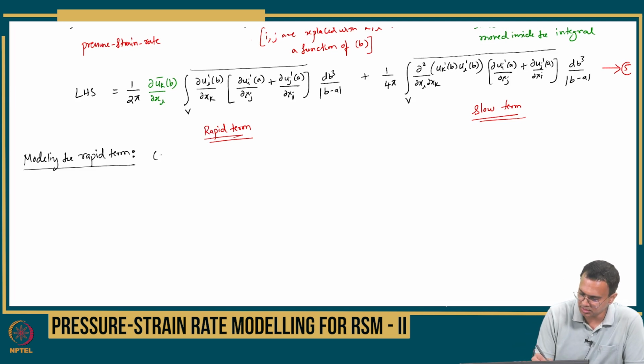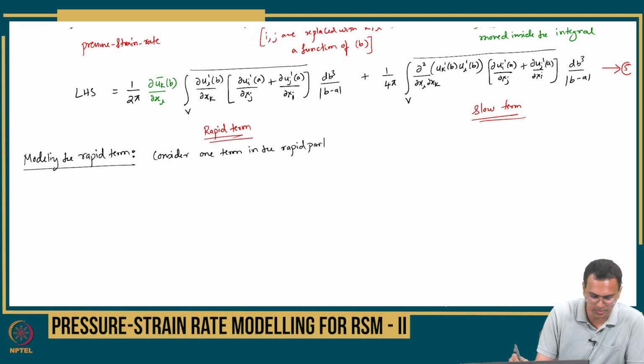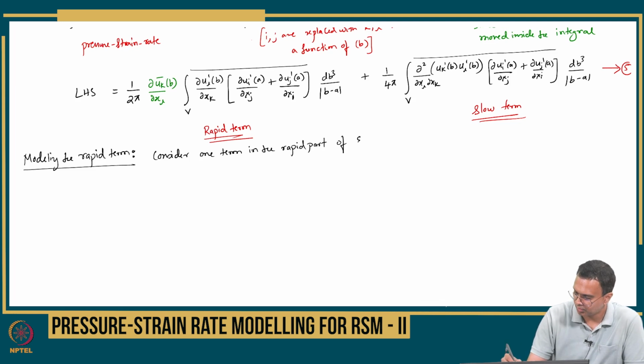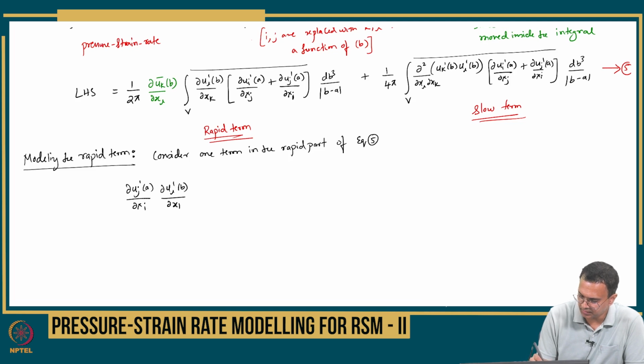Consider one term in the rapid part of equation 5. So let's say I take dou uj prime of a by dou xi and dou ul prime of b by dou xk.